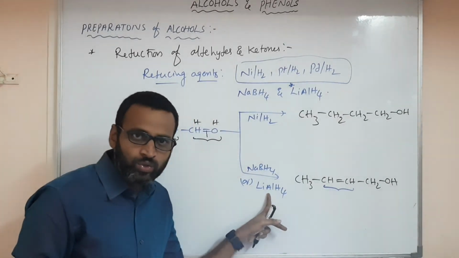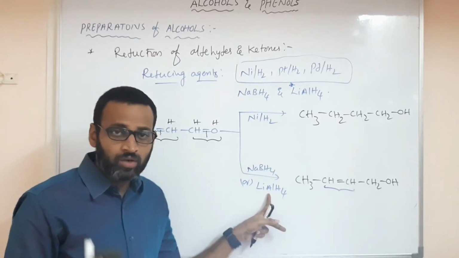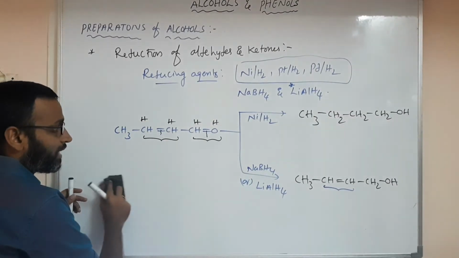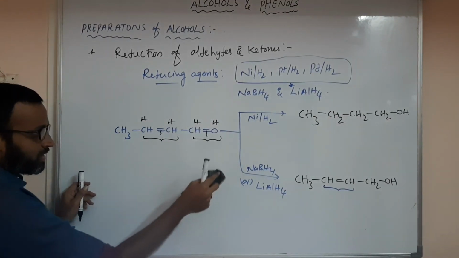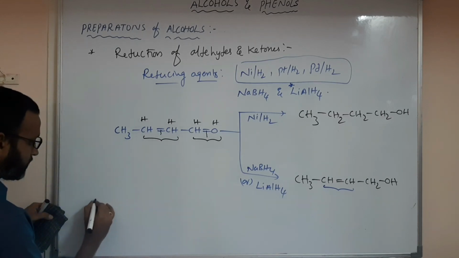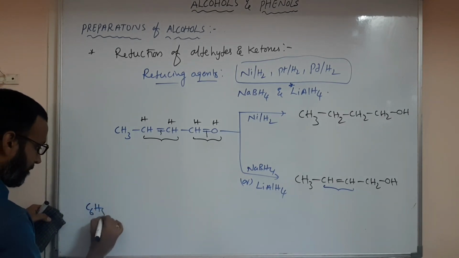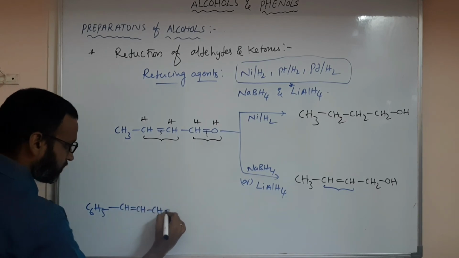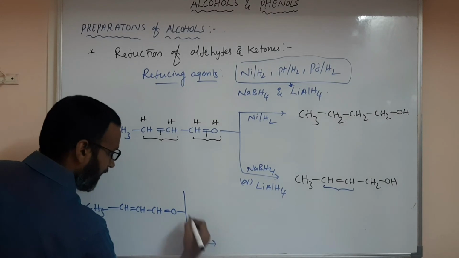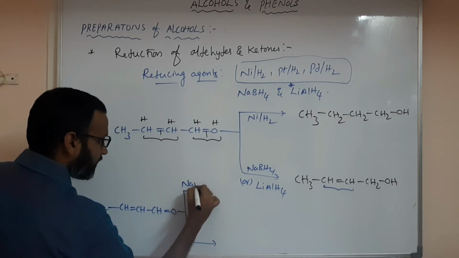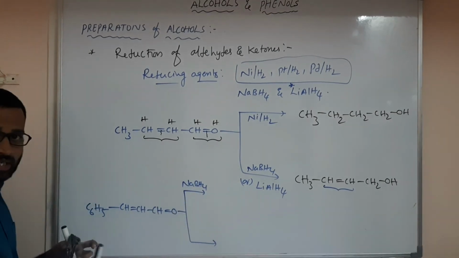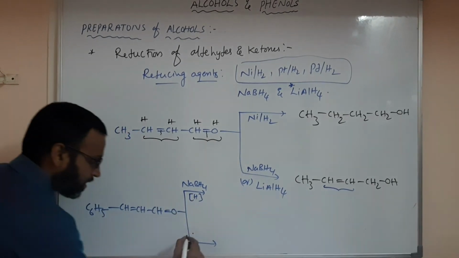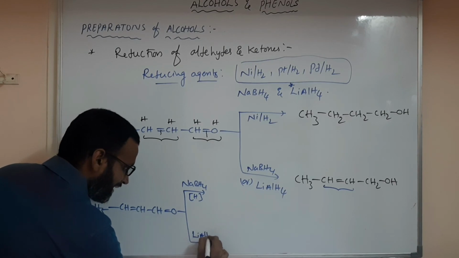However, LiAlH4 will reduce a carbon-carbon double bond or carbon-carbon triple bond when attached to benzene. Please write this down, otherwise I will write it here. See, I will take C6H5, CH double bond CH and CH double bond O. I am writing the reaction with NaBH4, that means reduction by NaBH4, and reduction with LiAlH4.